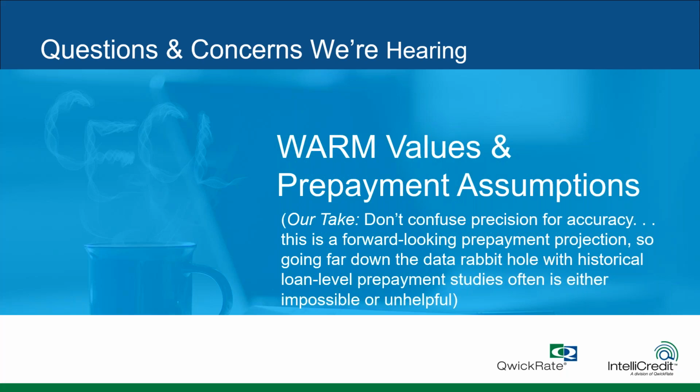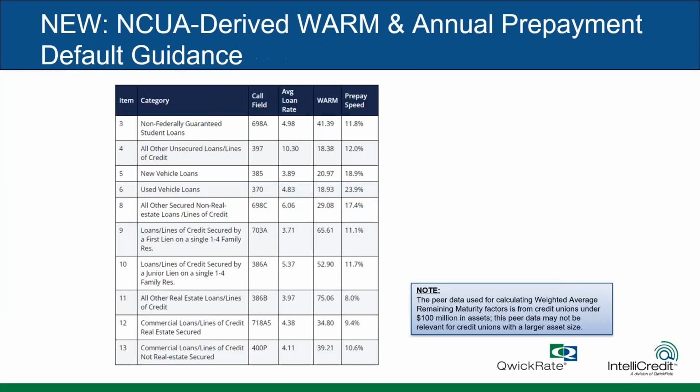If you want to get some sort of a concept or feel for where you are from a CECL perspective, and you don't have the time to do all the detailed WARM work before you want to get some estimate, we now have some more guidance that we can provide so you can plug in some default WARM values that won't be perfectly accurate. That'll certainly be better, though, than just a mindless plug in order to get you in the right direction. So if you flip to the next screen, here is some data.